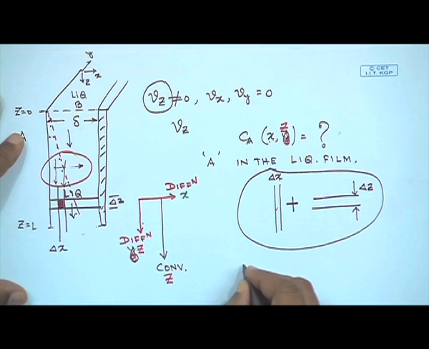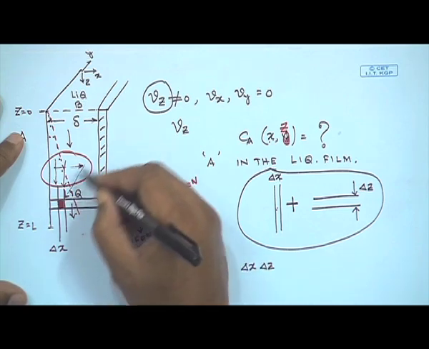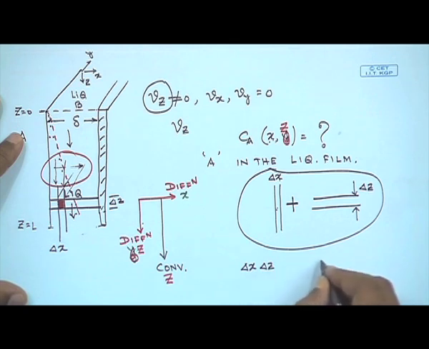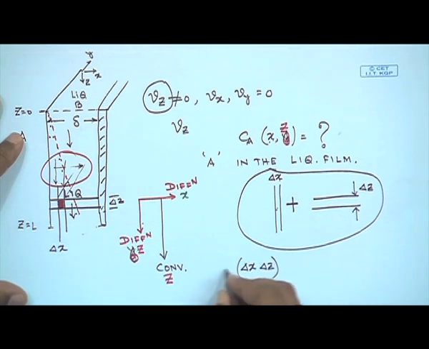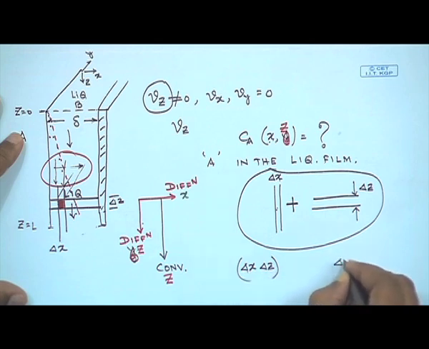So your shell is going to be of area del x, del z, and it could be of any y, it does not matter. All the parameters are going to be a function of del x and del z. Del y is not relevant.